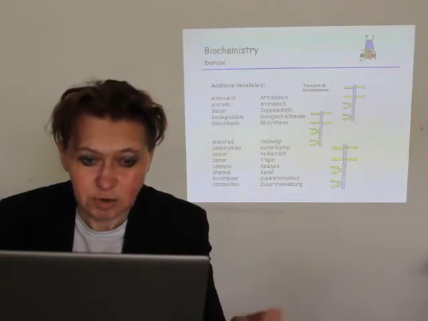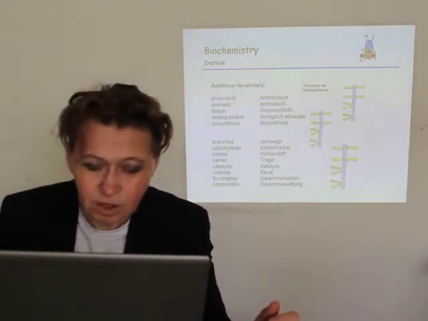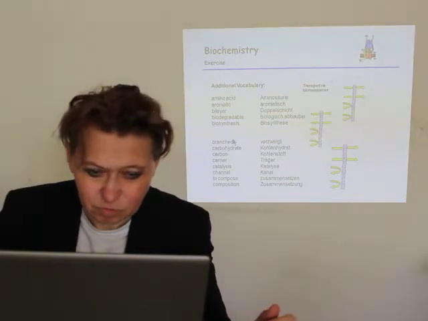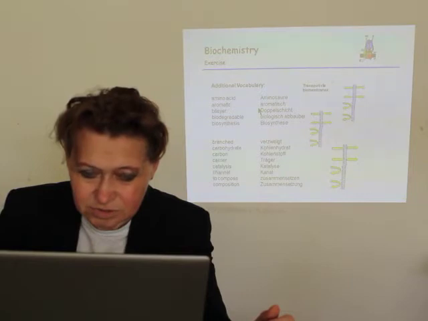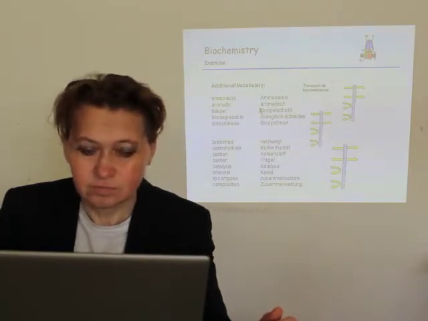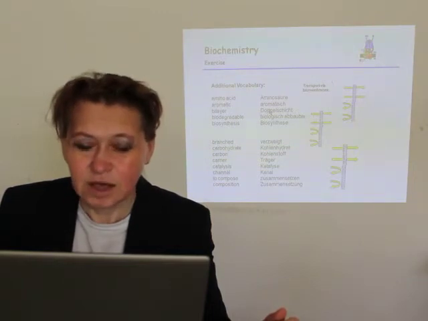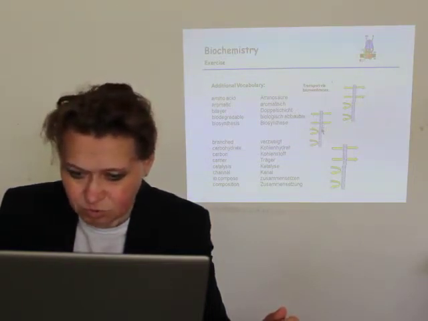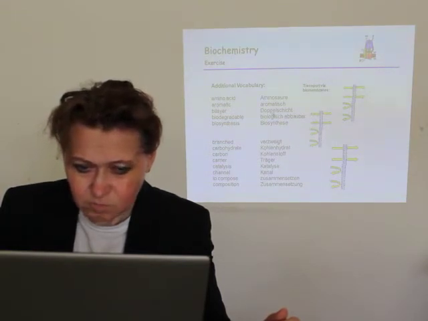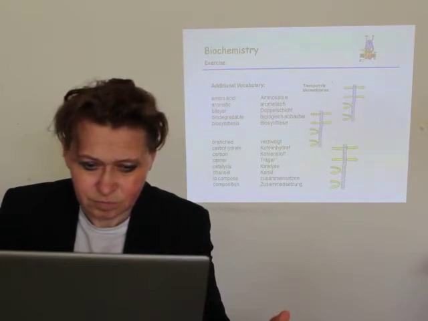So, let's jump to our vocabulary. Of course, we have to learn more. Amino acid means Aminosäure. Aromatic means aromatisch. Bilayer, you see it over there, is in German Doppelschicht oder auch Bilayer.